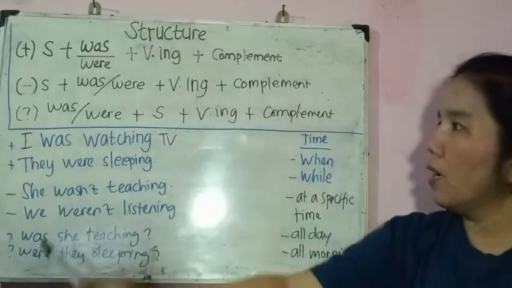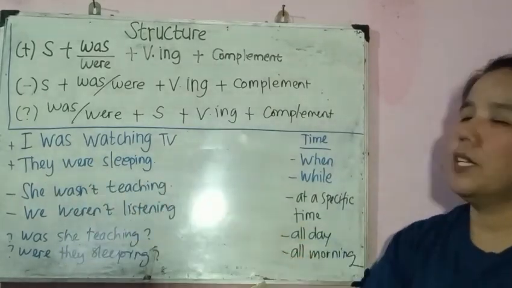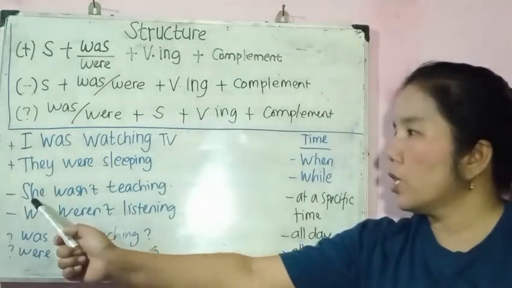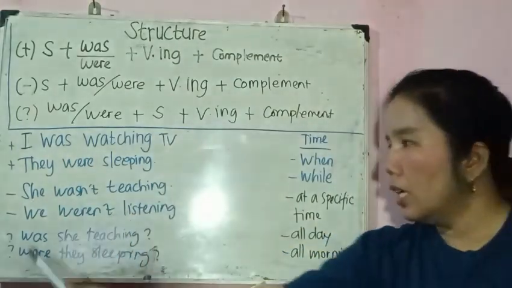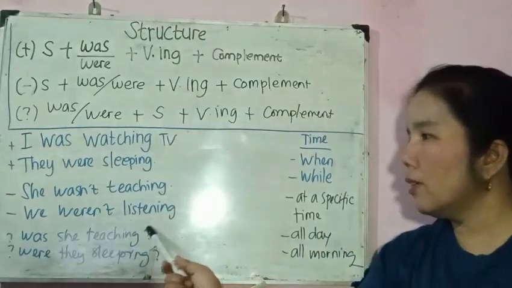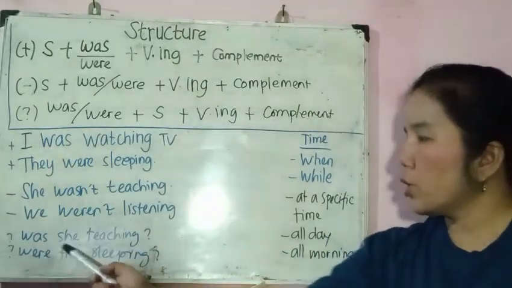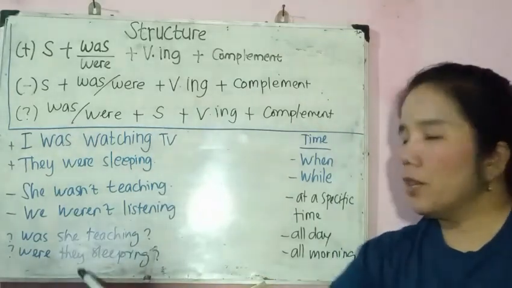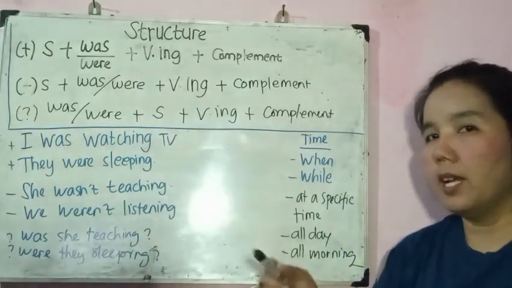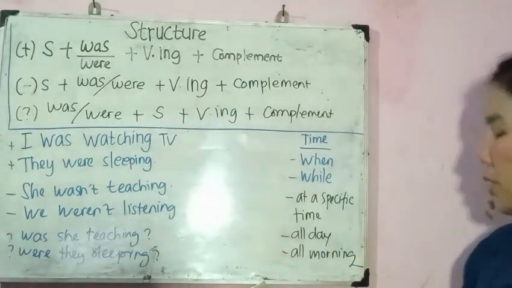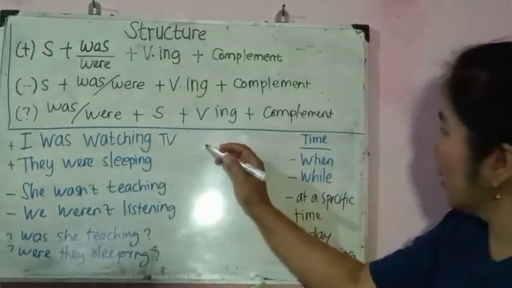Now let's see the examples in the sentence. In positive, I was watching TV. They were sleeping. In negative sentence, she wasn't teaching. We weren't listening. In the question sentence, was she teaching? Were they sleeping? And if we want to put the time expression, we can write like this.